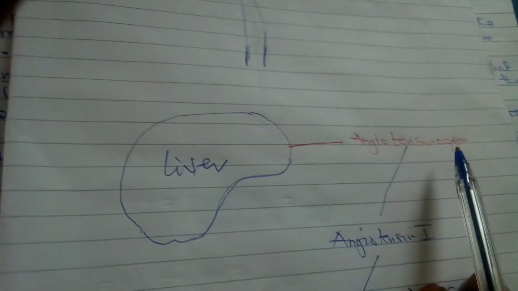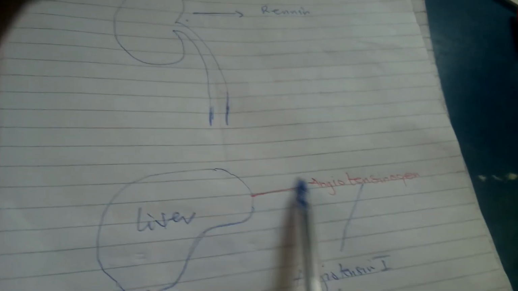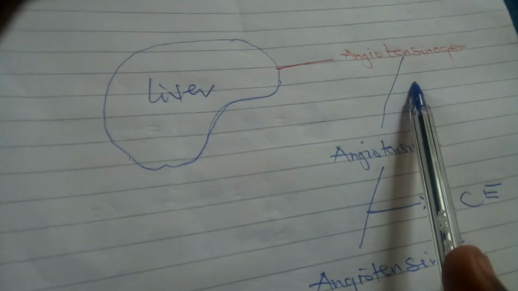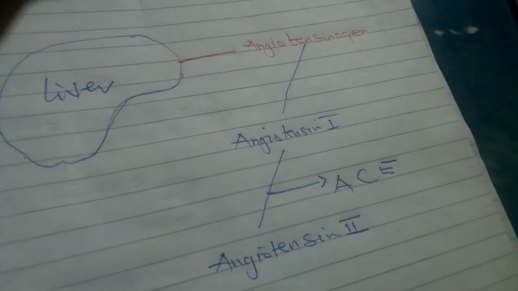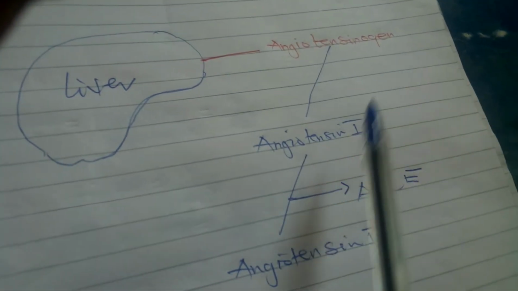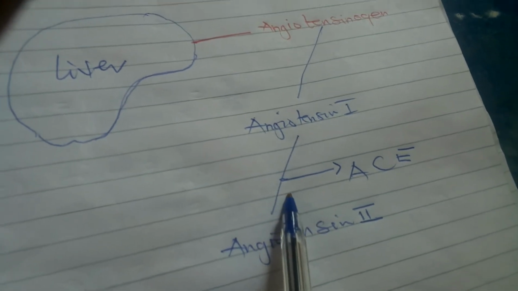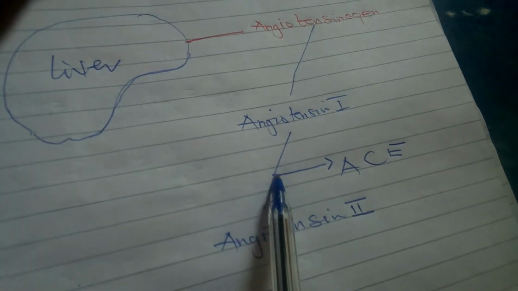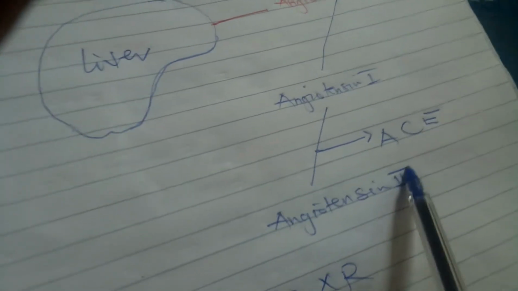The renin produced by the kidney will act on the angiotensinogen and convert it into angiotensin 1 by cleaving a sequence of 10 amino acids from the angiotensinogen. We get angiotensin 1. Angiotensin 1 is then converted into angiotensin 2 by angiotensin converting enzyme.